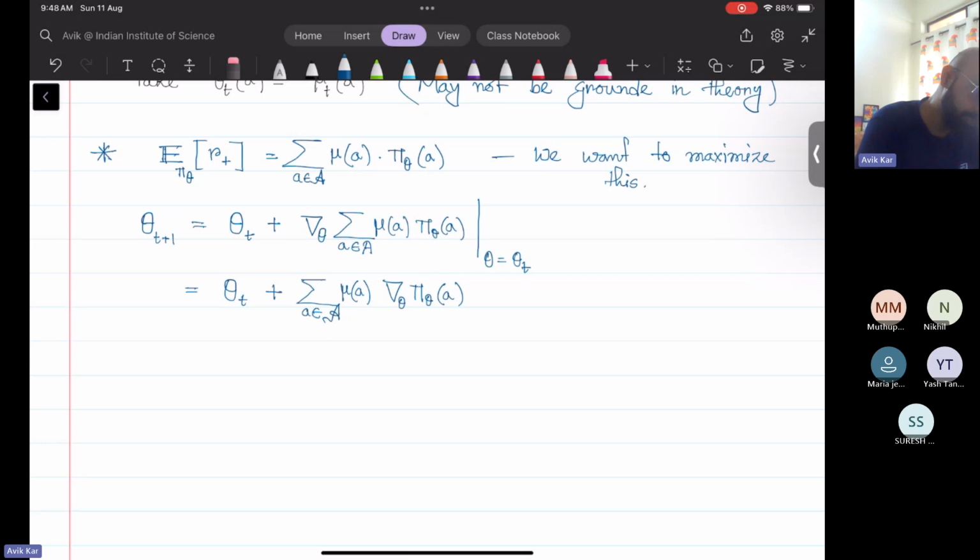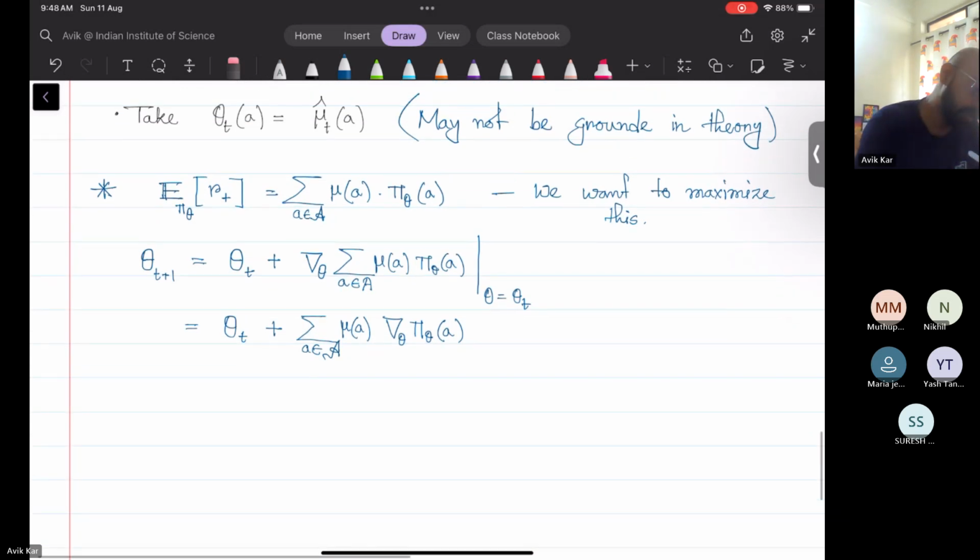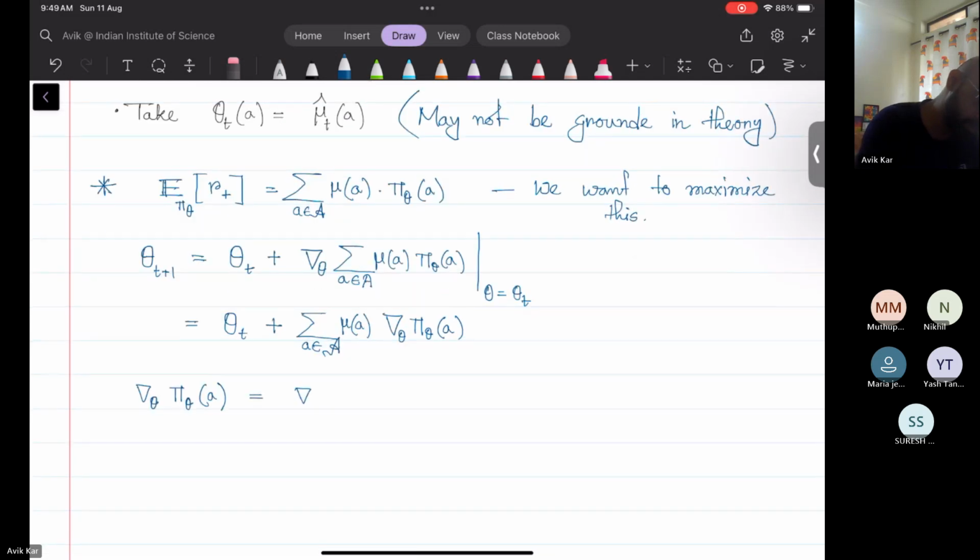Now we can handle this pi theta separately, the gradient of pi theta t. So what is pi theta a?